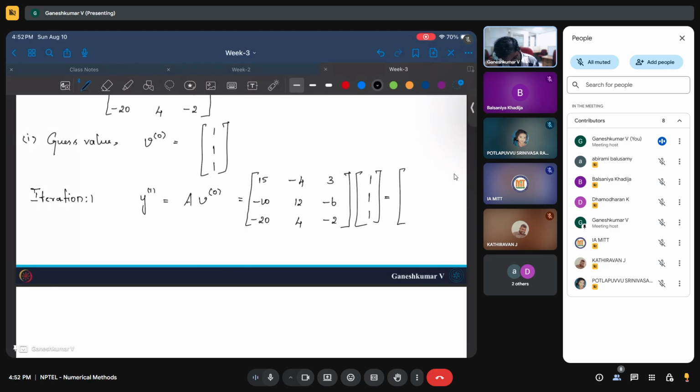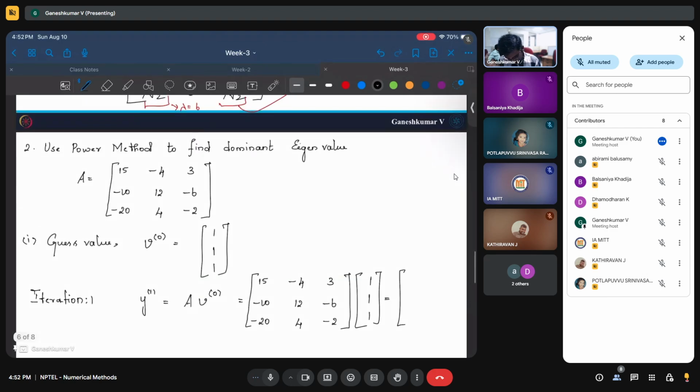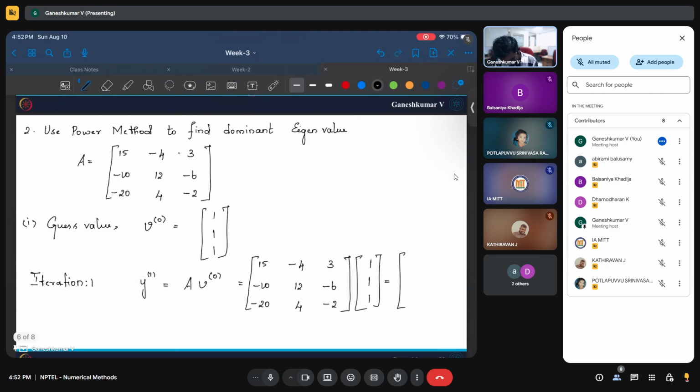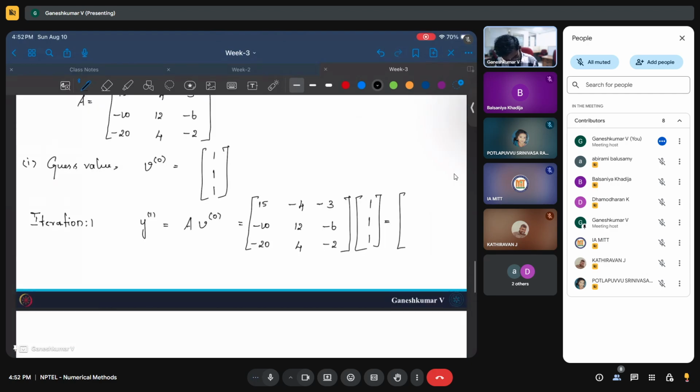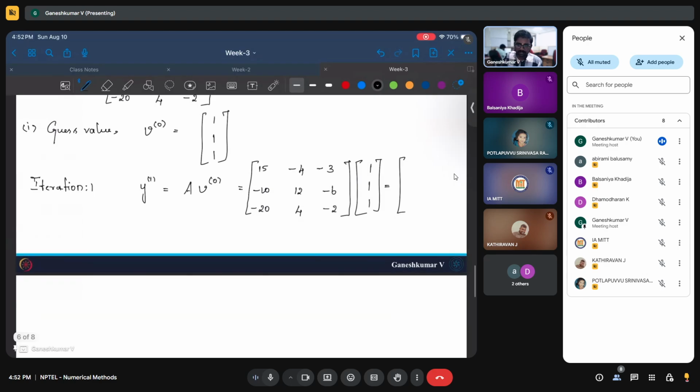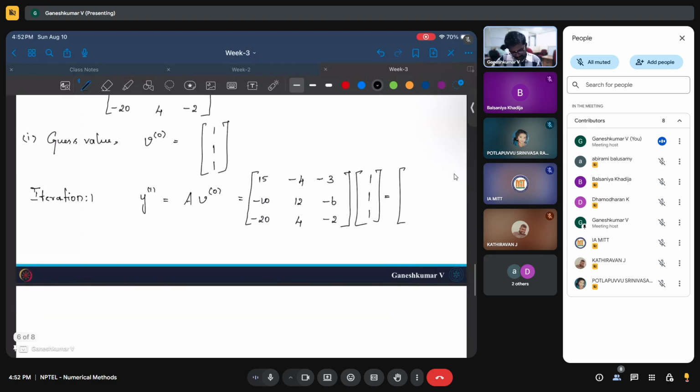If you multiply them, it's going to be 15 minus 4 minus 3, so that is 8, and minus 10 plus 12 minus 6, I think that is minus 4, and minus 20 plus 4 minus 2 is minus 18.